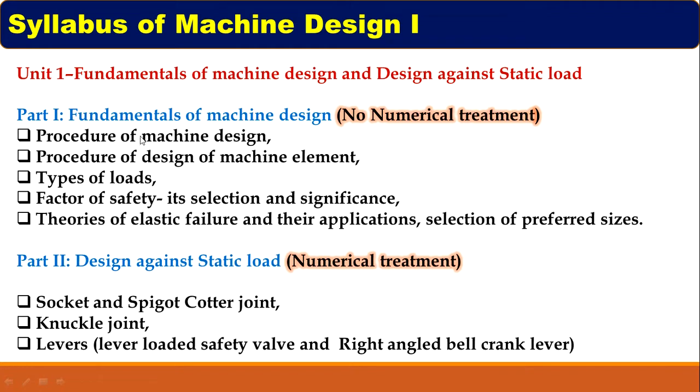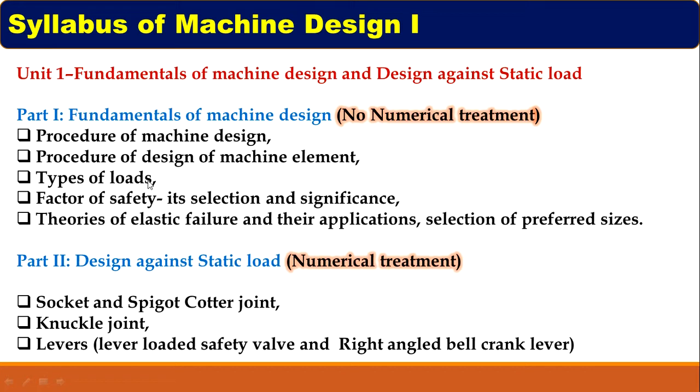So this is the basic difference. Machine design is the broad set of steps, and the second is the design of an individual machine element. So the procedure of design of machine element is nothing but one sub step of the procedure of machine design.